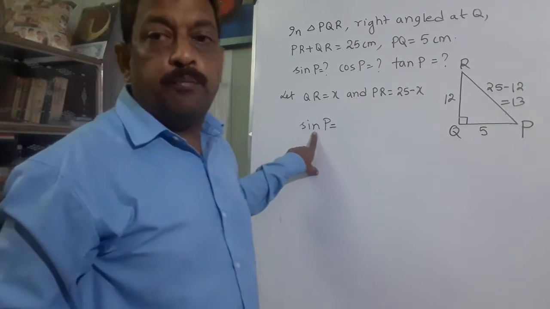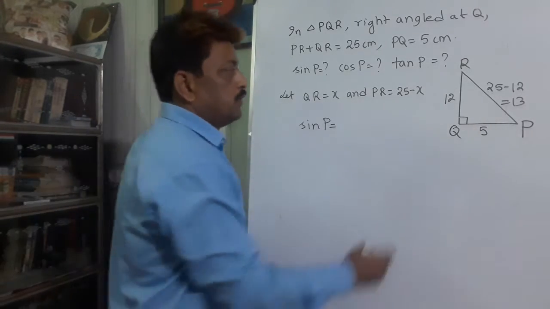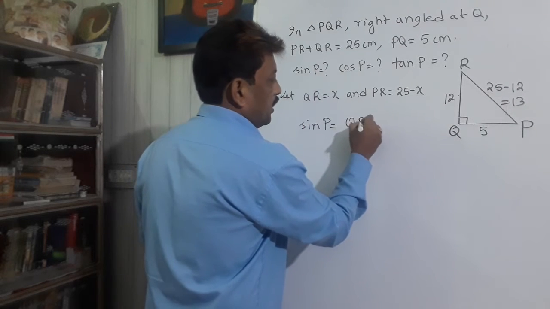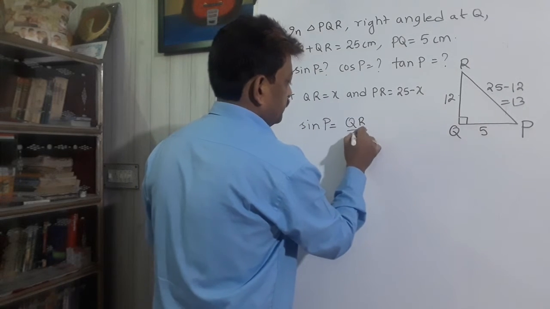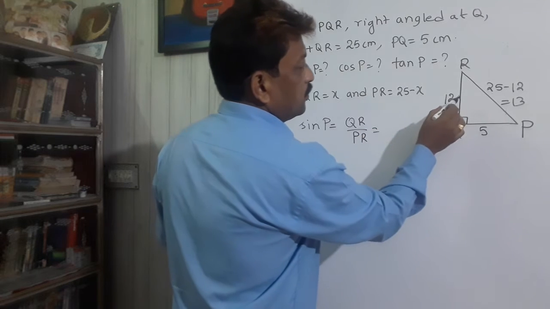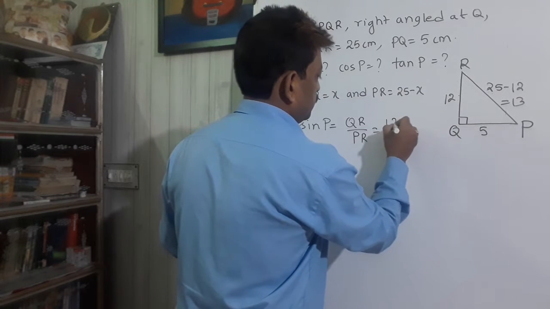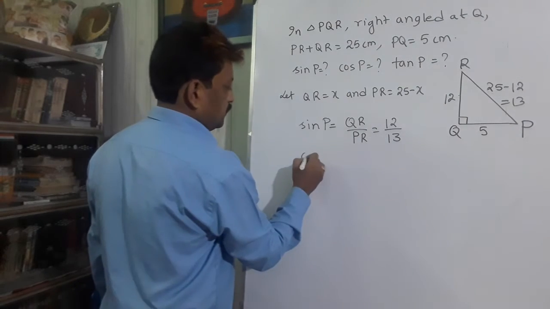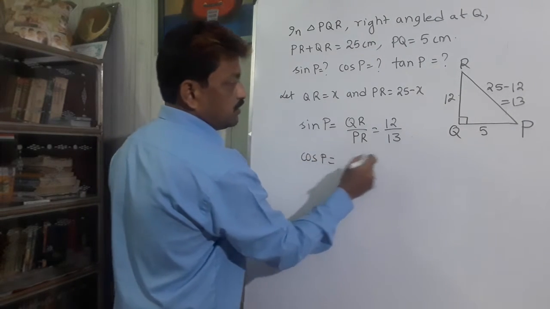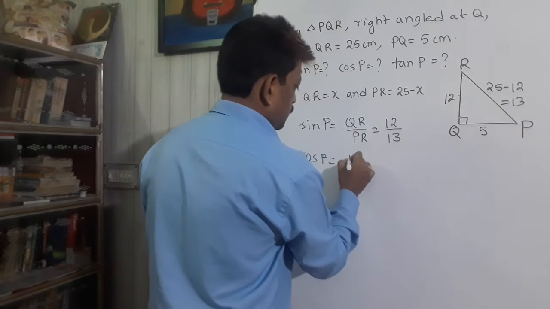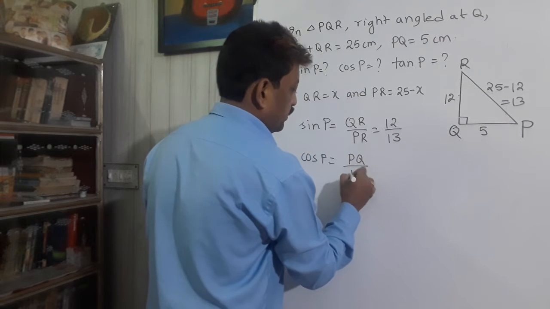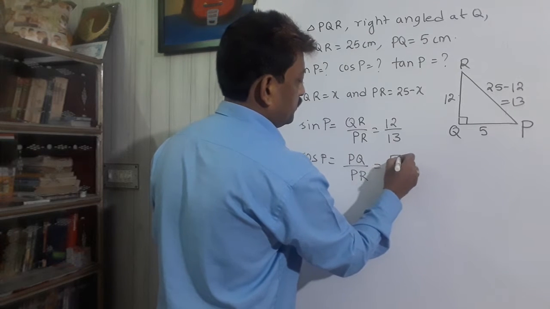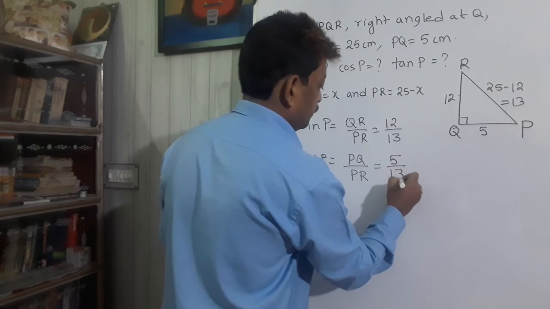First, sin P. Sin means perpendicular upon hypotenuse. Perpendicular upon hypotenuse. That is QR upon PR. That is 12 upon 13. Then cos P. Cos P means base upon hypotenuse. So PQ upon PR. That is 5 upon 13.